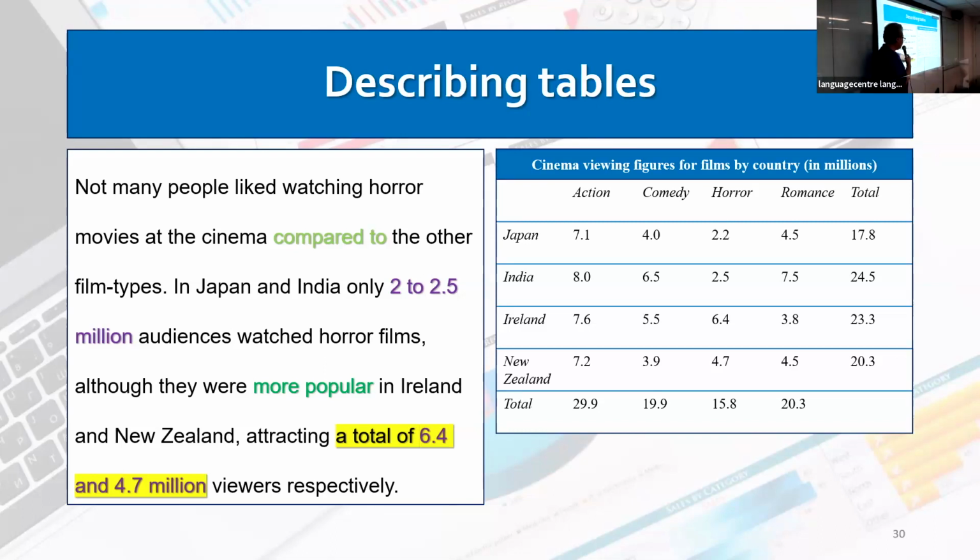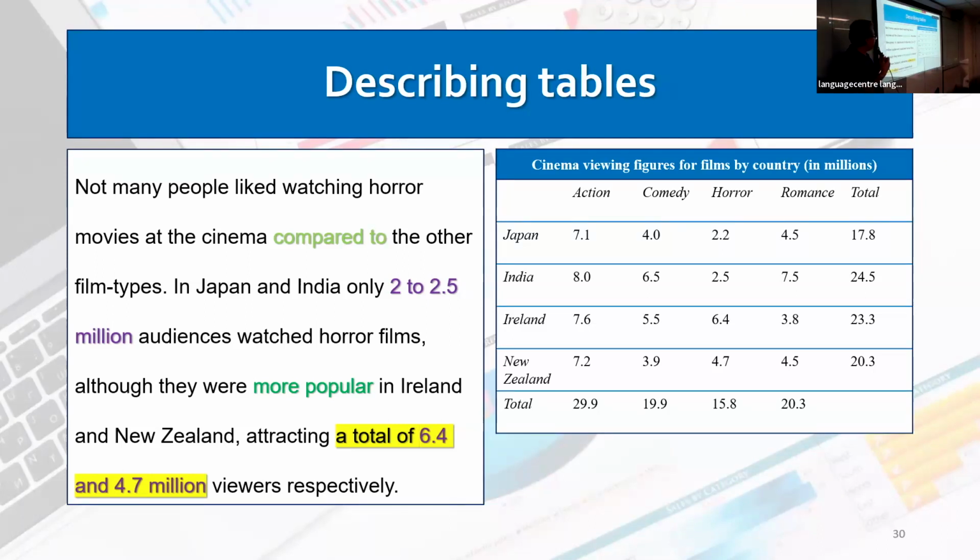We use the adjective popular and the word more to describe and compare a piece of evidence.